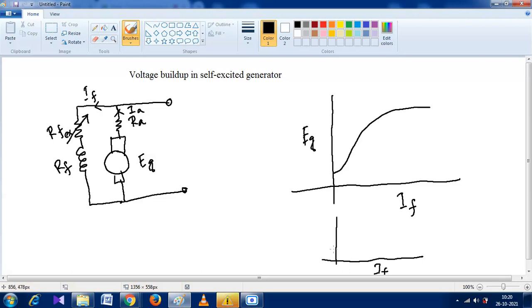If we try to plot the curve of RF, what is the nature of that RF? Tell me.